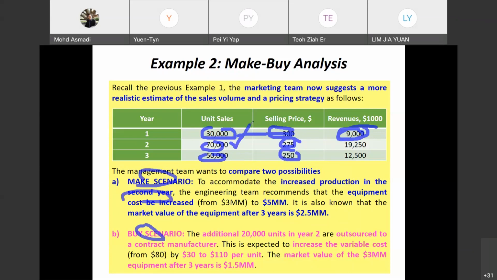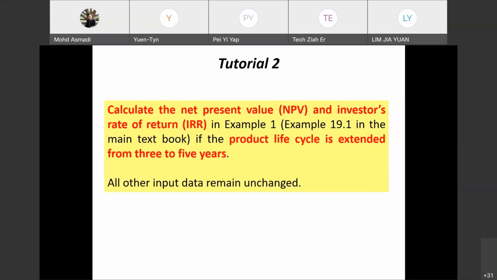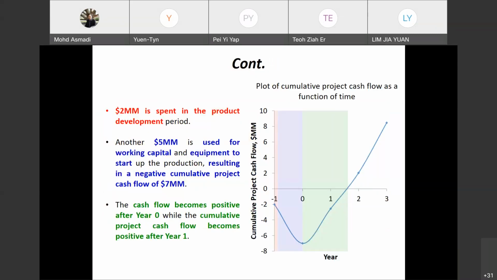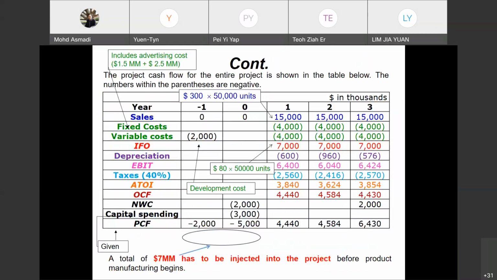It's increased to 70,000. The engineering team recommends that the equipment cost increase from 3 million to 5 million. If you still remember the previous example, the equipment cost is 3 million.